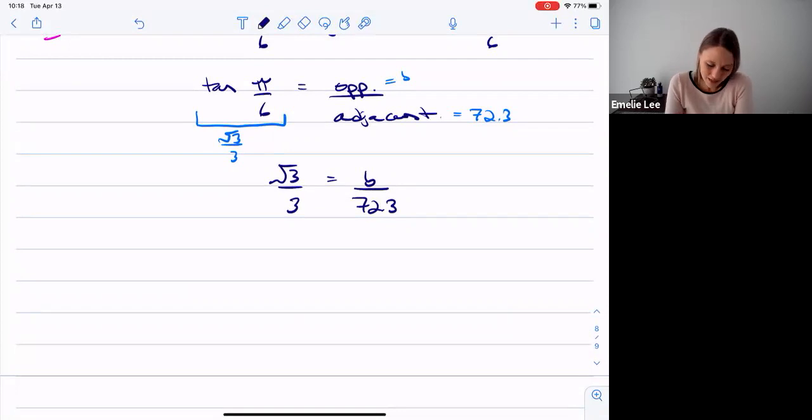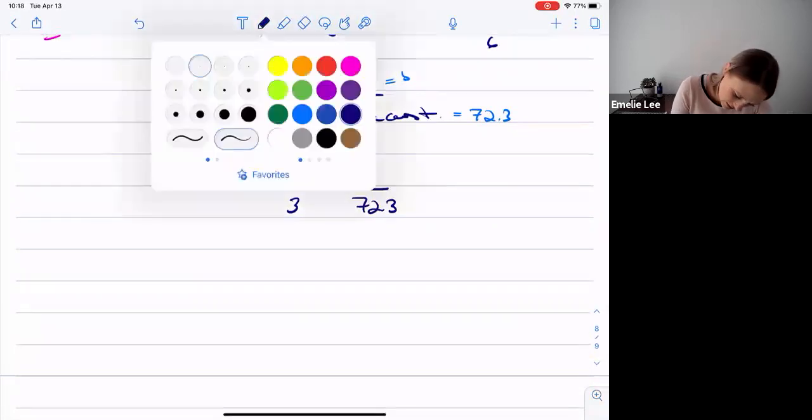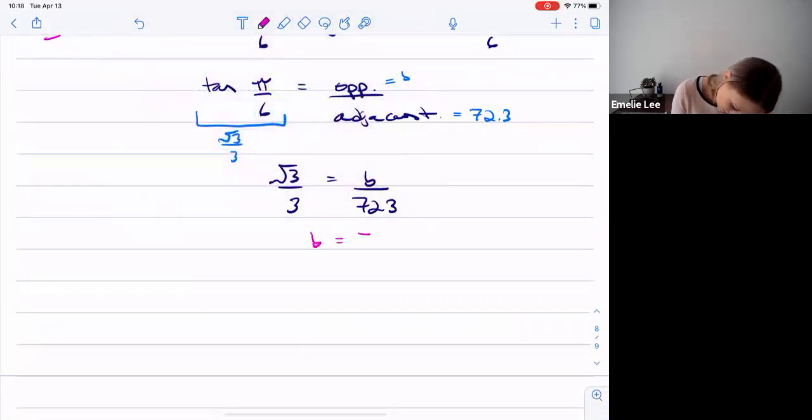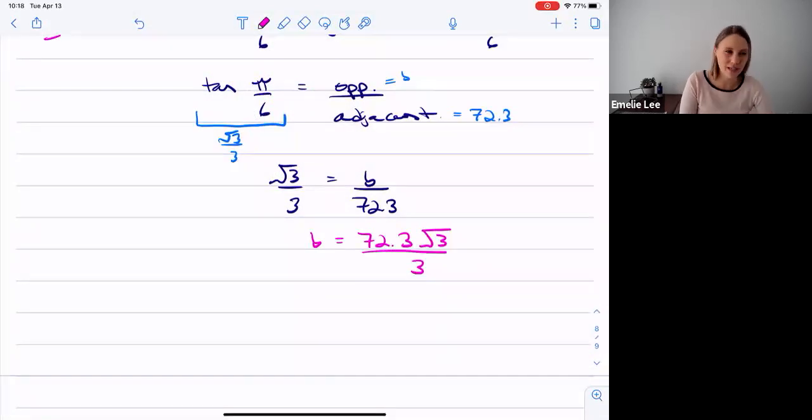To solve for B, all I need to do is multiply this 72.3 over, and so then I find that B is 72.3 times the root of 3 over 3. I'm pretty sure that doesn't simplify nicely. 72.3 divided by 3, it doesn't really.